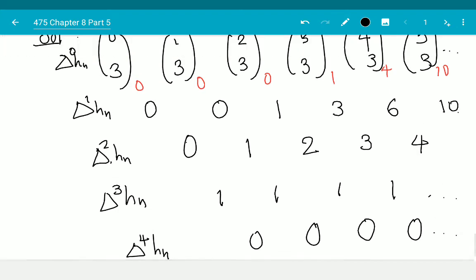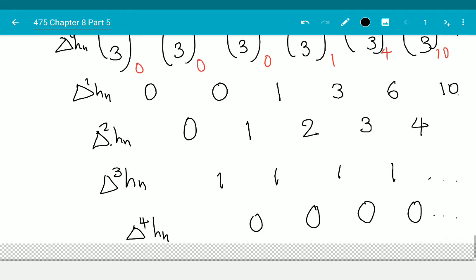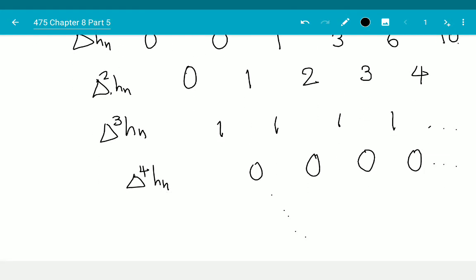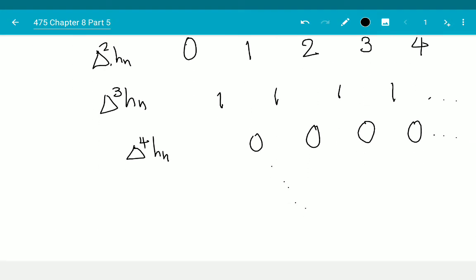Because n choose 3 is technically a polynomial. n choose 3 is n into n minus 1 into n minus 2 divided by 6, which is a polynomial of degree 3. It is going to get annihilated by delta to the 4. Everything after that is going to be 0.